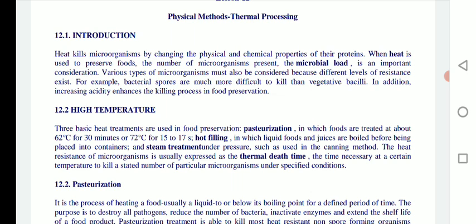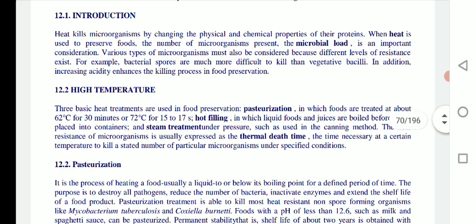Heat kills microorganisms by changing the physical and chemical properties of their protein. So microbes get denatured. When heat is used to preserve food, the number of microorganisms present, called the microbial load, is an important consideration.